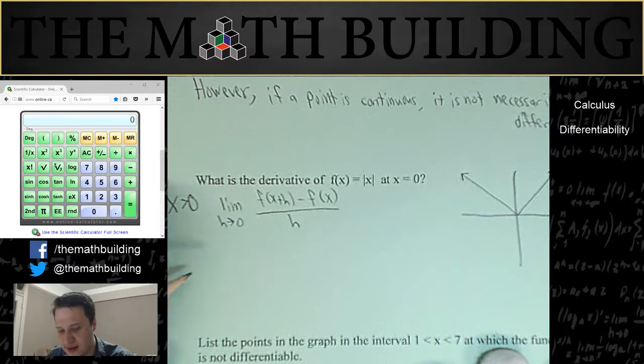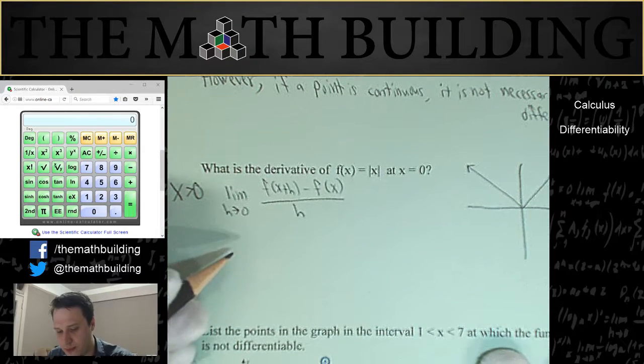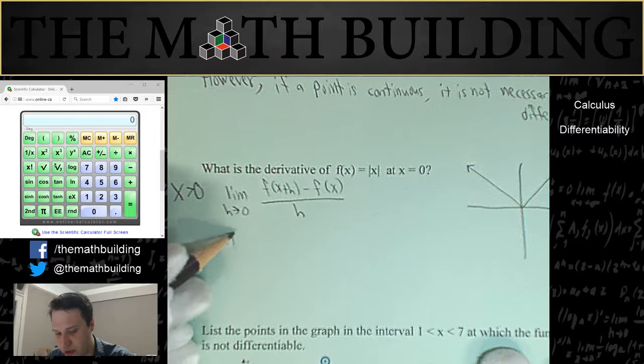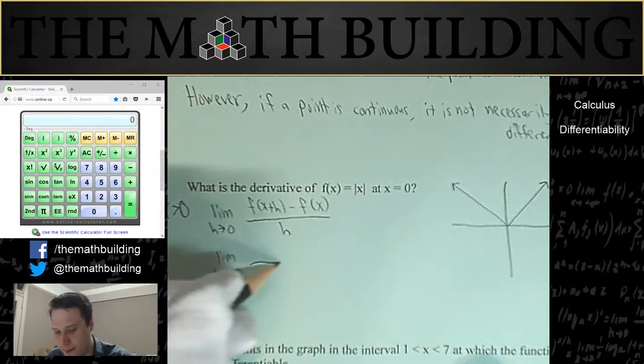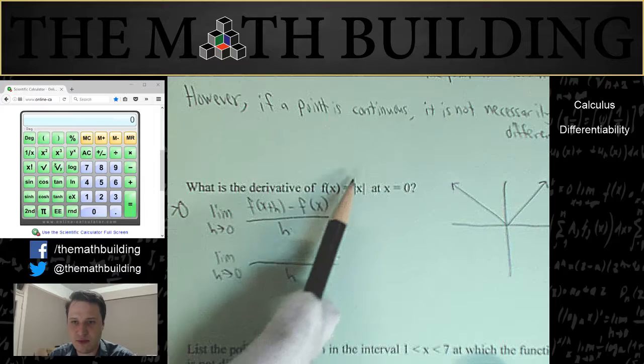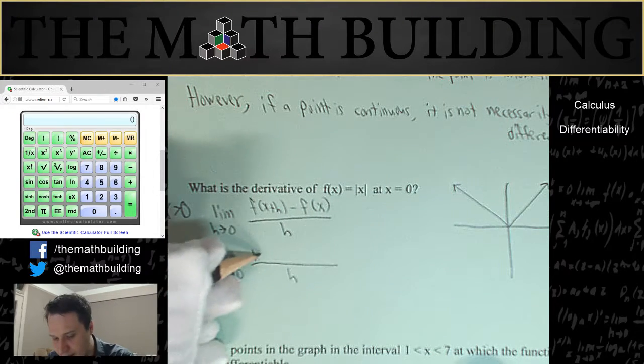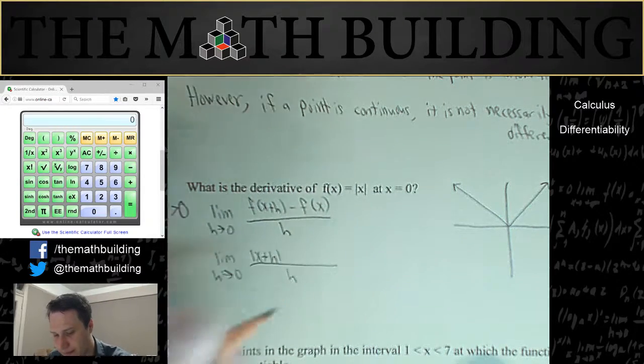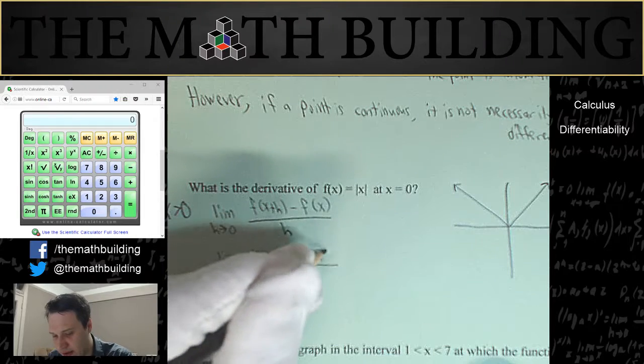So if x is bigger than 0, then we have the limit as h approaches 0. Now, we have h on the bottom. f of x plus h, remember here's our function, so that's going to be the absolute value of x plus h minus the absolute value of x.